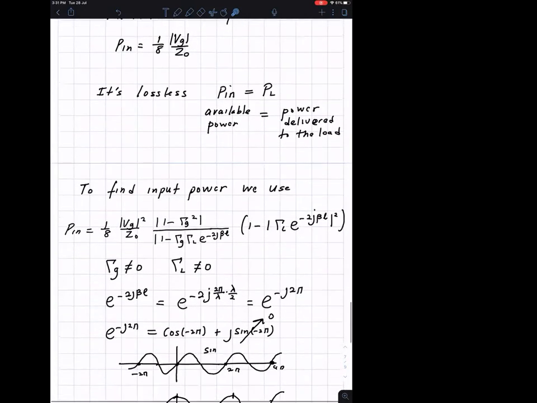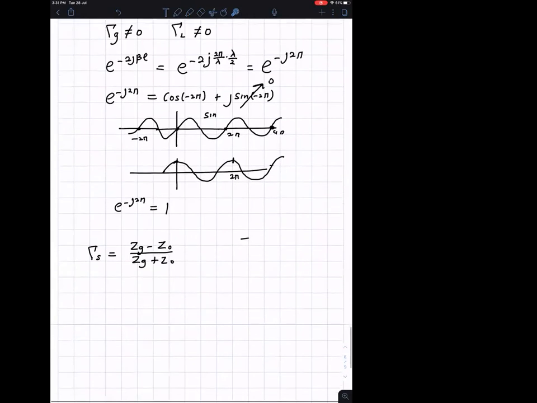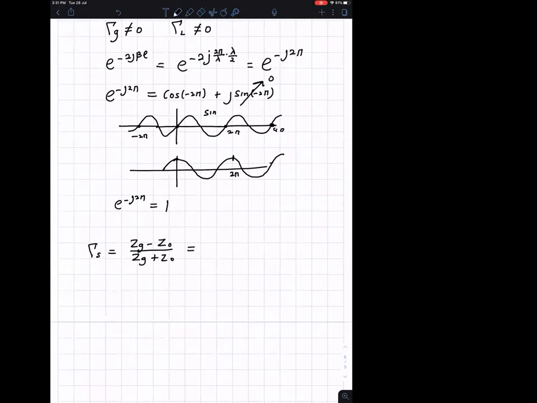That's how you get this. So it's 50 minus 75 divided by 50 plus 75, which is minus 25 over 125, or minus 1/5. Quite a small reflection, but it has a negative sign.